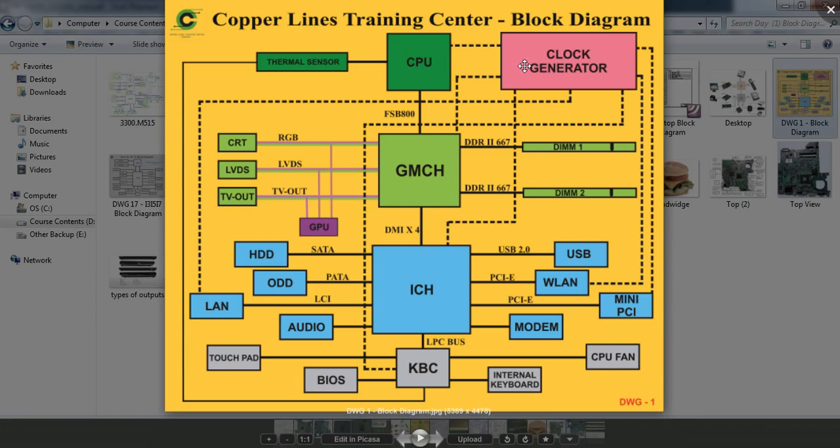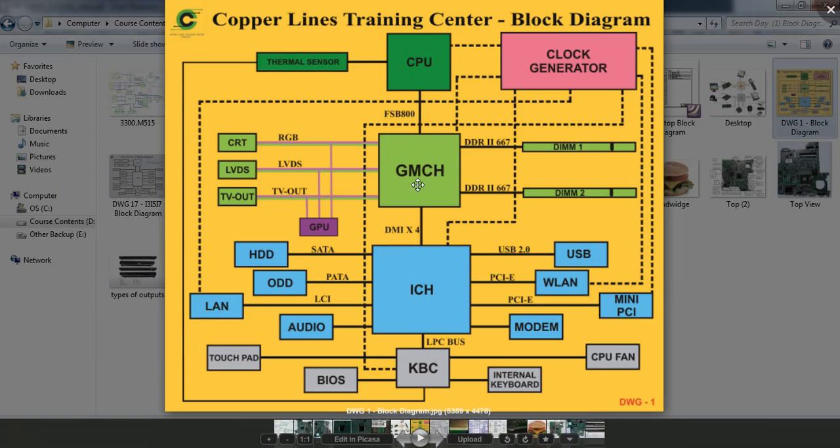Those are the clock generator, CPU, GMCH, ICH and SIO chip: the central processing unit, clock generator, graphics and memory controller hub, ICH and keyboard controller. These 5 are very important. All the other voltage regulators are used to give the supply voltage to all these integrated circuits.